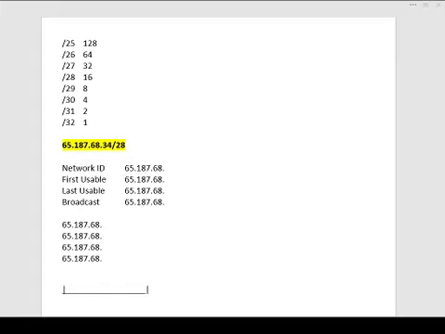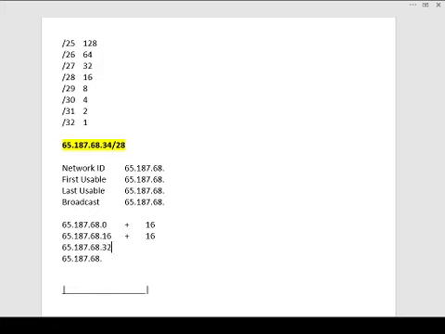So what we're going to do, we're going to go /28. It's going to go up by 16. And obviously we need to have one network ID below it that it belongs to and one network above that it does not belong to. So always start out at .0. Add 16 to see if that 34 will fall between 0 and 16. Obviously it's not going to, so we're going to add another 16, and we're at 32.